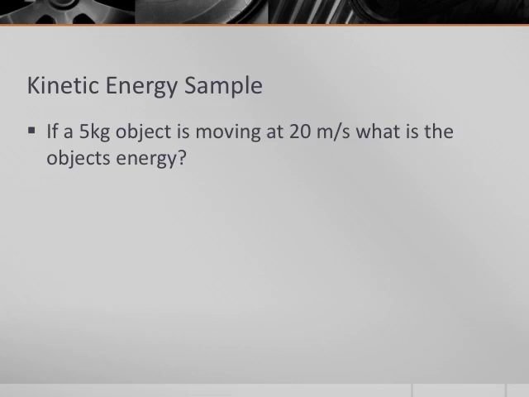So a sample problem, just straightforward using the equation as written. If we write out what we know: if a 5 kilogram object is moving at 20 meters per second, what is the object's energy? Even if it doesn't say kinetic energy, since it's moving, that should indicate to you it's kinetic energy. We know our mass is 5 kilograms, and our velocity is 20 meters per second.